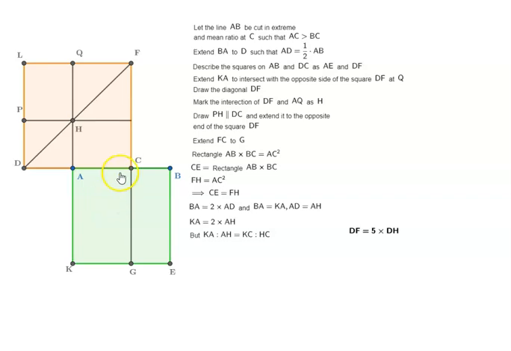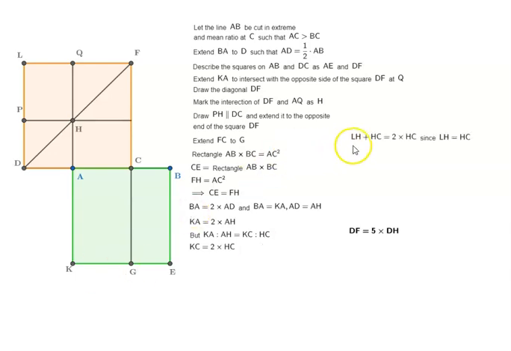So here KC and CH are parallelograms and they are between the same parallel lines. That means they are proportional to their bases. So that means KC is equal to 2 times HC because KA is 2 times AH. So KC will also be 2 times HC.